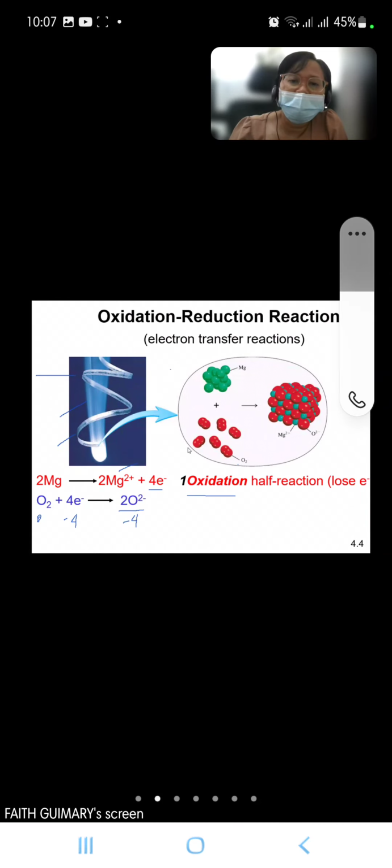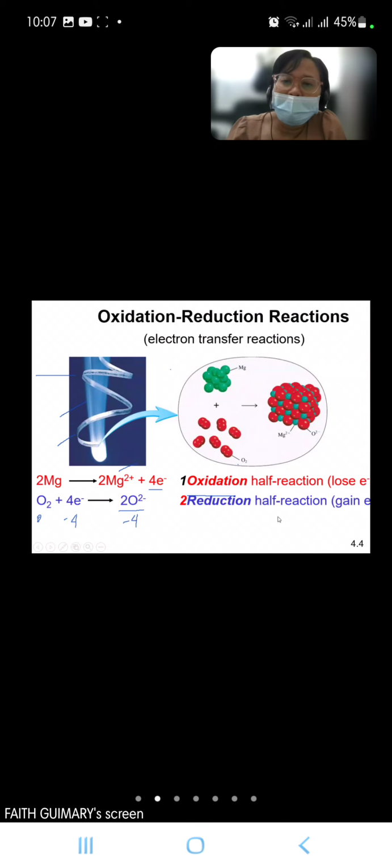This type of half reaction is called the reduction reaction, or gaining of electrons. For oxidation, the acronym is LEO: losing electrons is oxidation. And for reduction, the acronym is GER: gaining electrons is reduction.